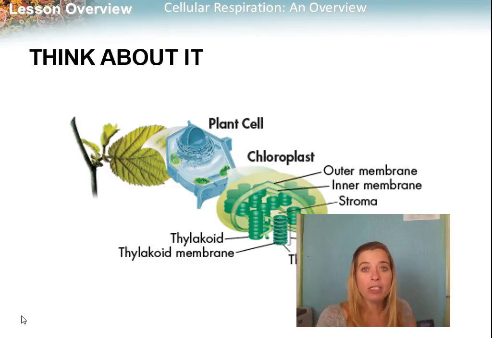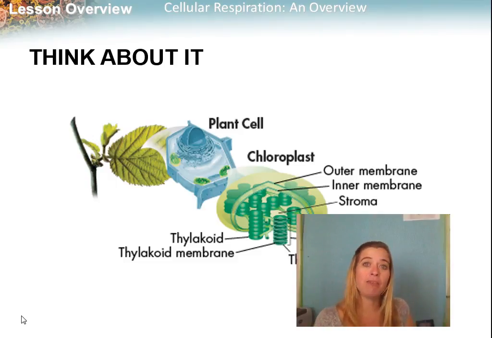But what you need to know is that the thylakoids are the part of the chloroplast that actually have the pigments. They have these little pigment collections called photosystems because they absorb photons of light energy. So the photosystems are the parts that make the thylakoids green, make the chloroplast green, and make the plants green.